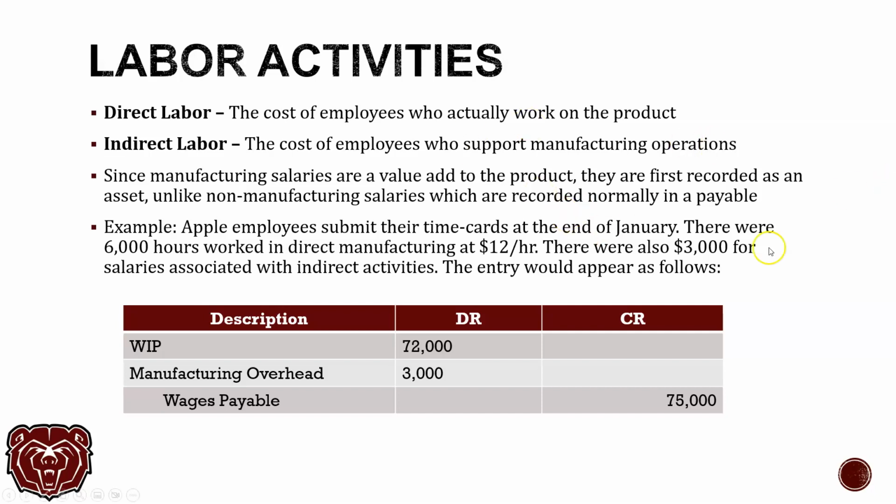So we're going to increase the work in process inventory, and we're going to increase the manufacturing overhead inventory. Again, manufacturing overhead is where all of our indirect costs, whether those are material or labor, are going to end up. And then we've got our wages payable. So instead of these being an expense right now, they're not going to be an expense until they come out in cost of goods sold, if that makes sense. Hopefully, as we go through some more examples, that'll make more sense.